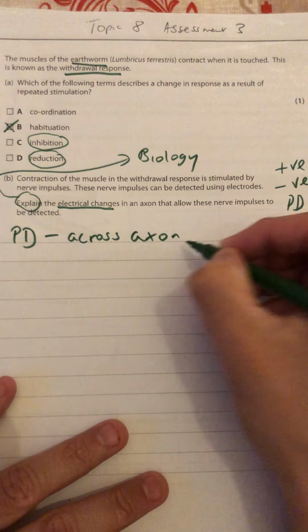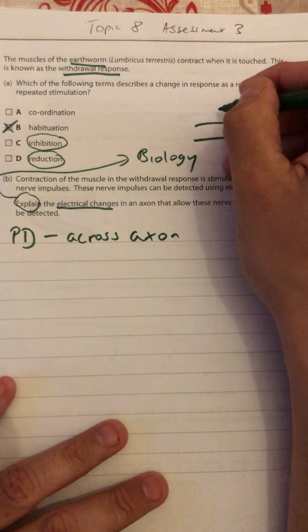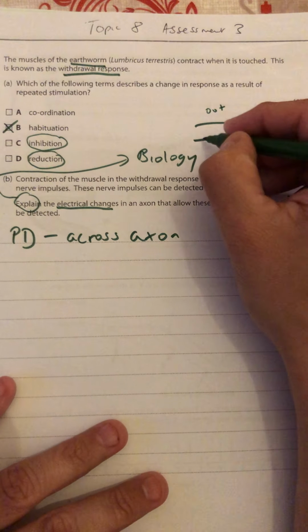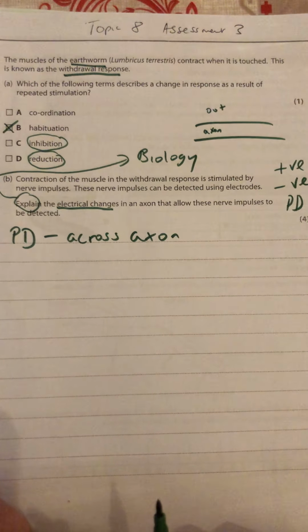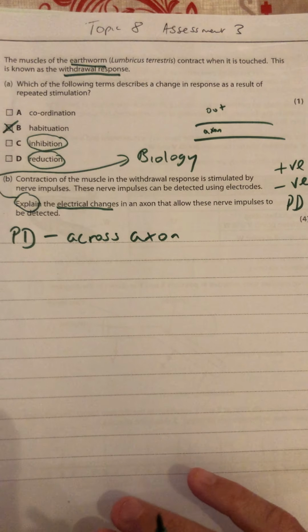Because if this is our axon, we're going to get a difference in charge between the outside and inside the axon. So we need to have a change in charge. Now we've got to explain, so we've got some biology in there. How is this actually coming about?